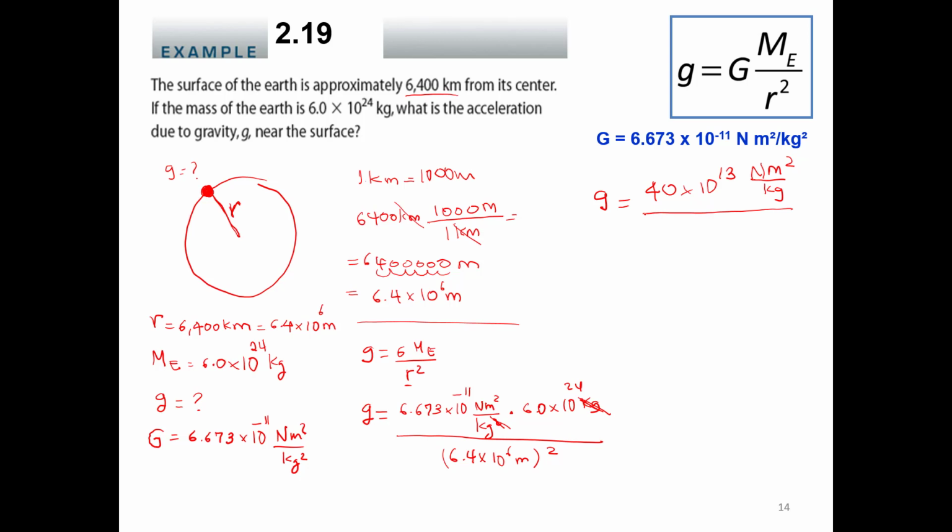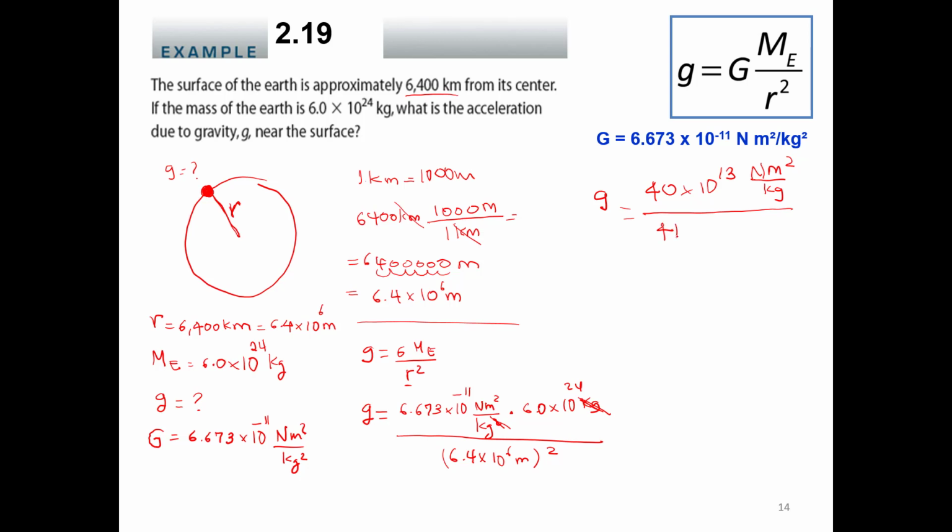Just be careful. You need to multiply 6 times 4. You can use your calculator to write 6.4 times 10 to the power 6 squared, but you can also do it this way. 6.4 times 6.4, if you write the number with two significant digits, will be 41.